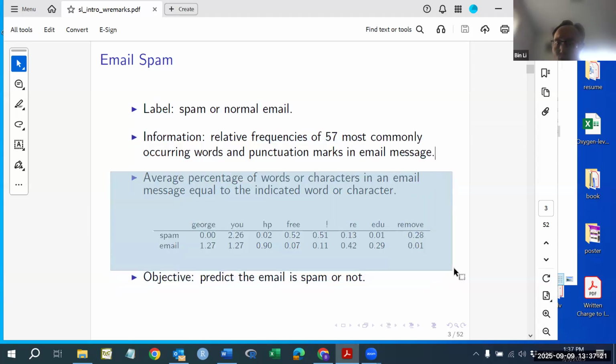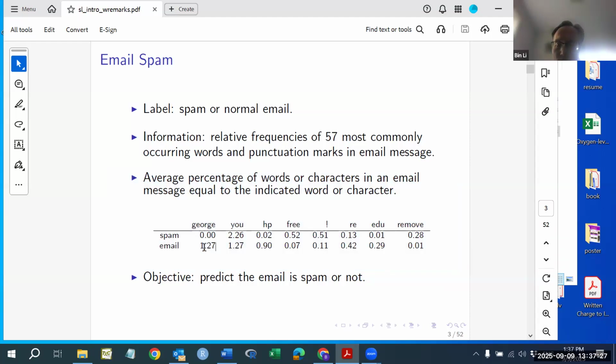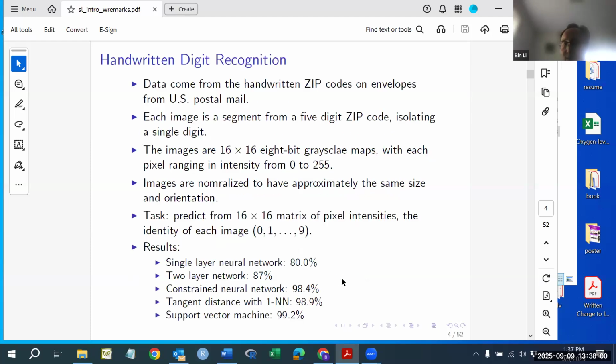And these are the average percentages of words or characters that appear in an email, and this is their percentage in normal email and in spam. So you can see we do have some differences. Some of these words have discriminating power to identify whether the email is spam or normal email because they have very different distributions among some of them. So the purpose is to predict whether the email is spam or not. Okay, so that's one data set.